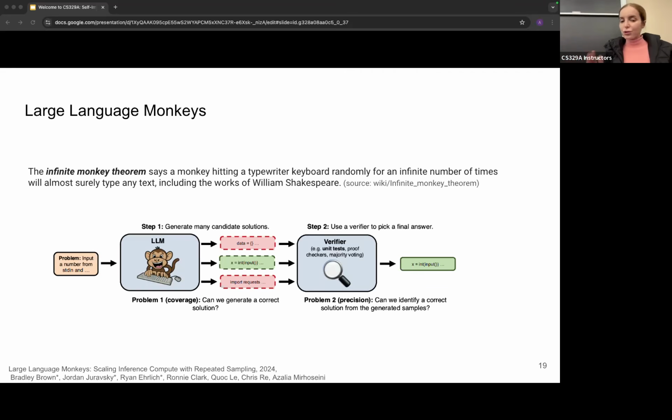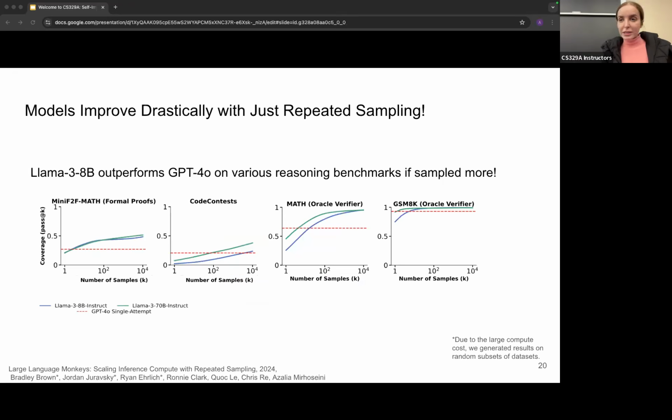This is true if we have a verifier that can help us select which one of those generated samples is the correct one. So here is an example of how this works on a bunch of benchmarks. For example, we are seeing it on different types of reasoning across math and coding questions.